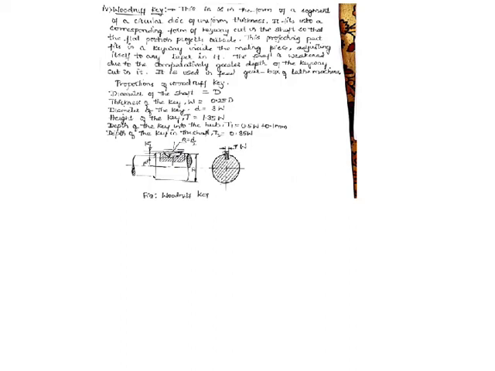In the figure, in the front view of the Woodruff key, we can see the representation of T1 and T2.